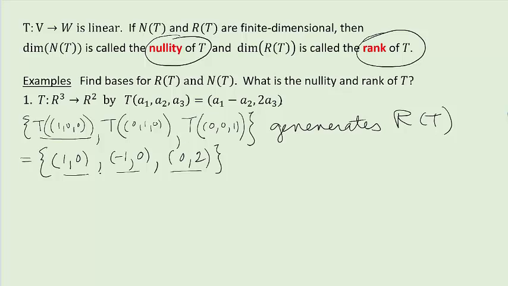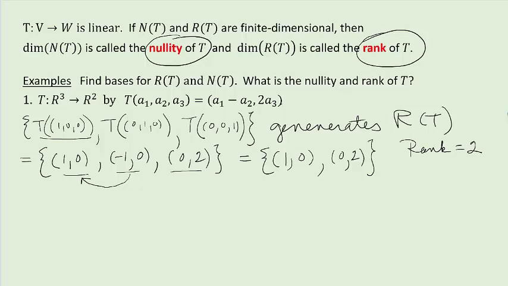Now, these are multiples of one another, so we could take one out. Those are linearly dependent. So we know that the set, well, let's just take 1, 0 and 0, 2. Those vectors generate the range. And so the rank is equal to 2, the dimension of the range.